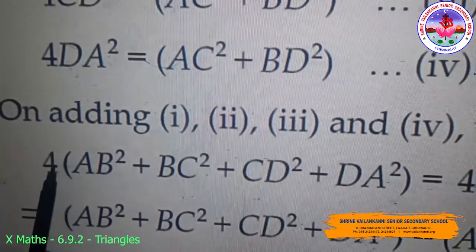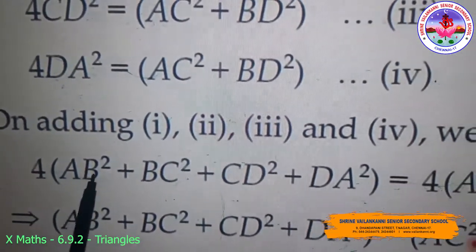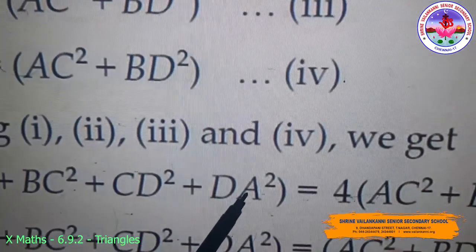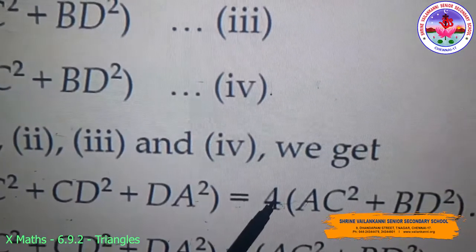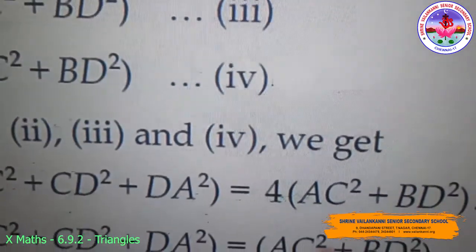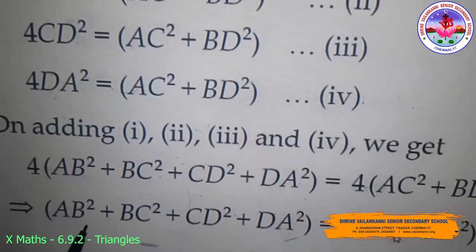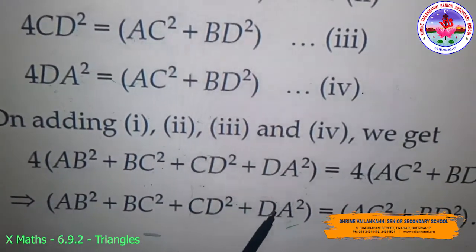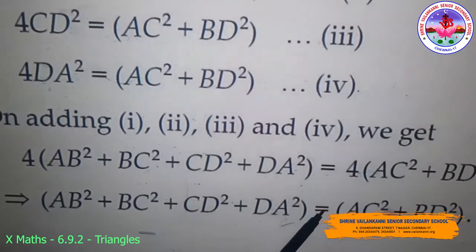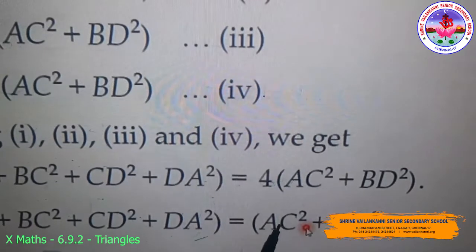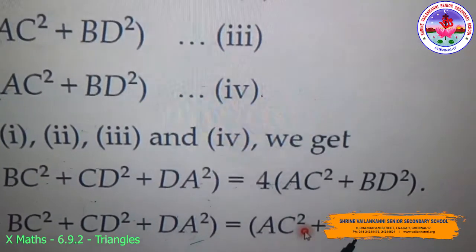So I will be getting 4 into AB square plus BC square plus CD square plus DA square is equal to 4 into AC square plus BD square. Cancelling 4 on both sides, I will be getting the sum of the squares of the sides of a rhombus is equivalent to the sum of the squares of its diagonals.